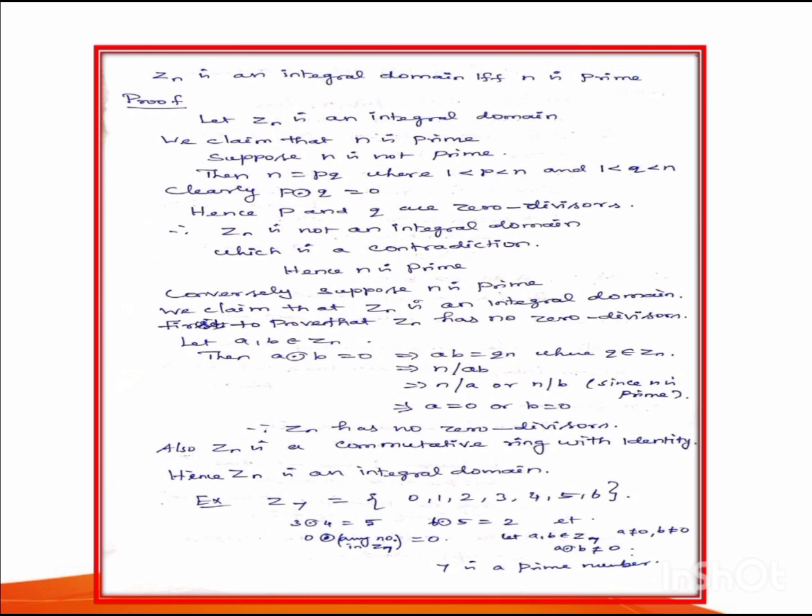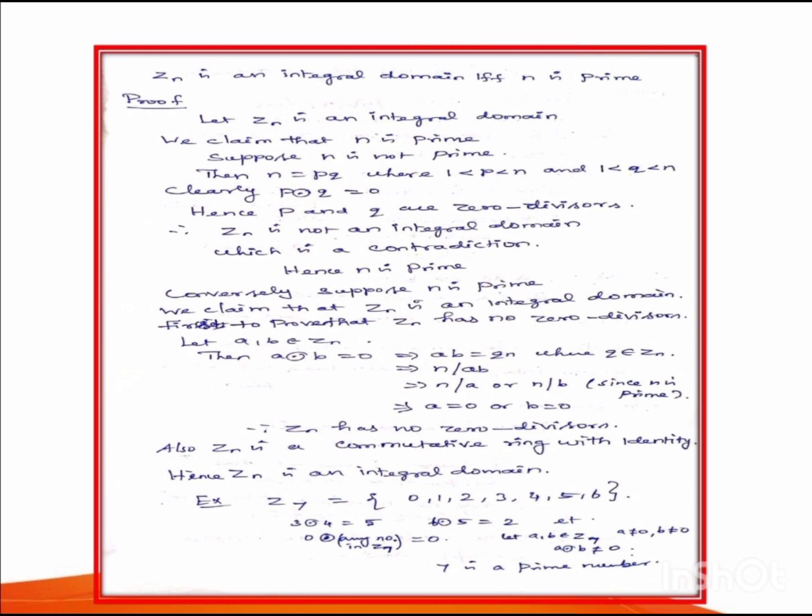For an example of the above theorem, take Z7. 7 is a prime number. Z7 means integers modulo 7, that is, the set of all 0, 1, 2, 3, 4, 5, 6. Take two non-zero elements, 3 ∘ 4. What is the value? That must be equal to 3 into 4, the product of 3 and 4, 12.